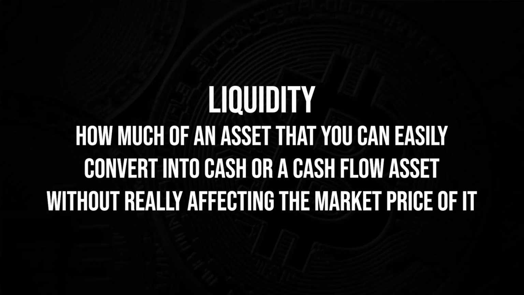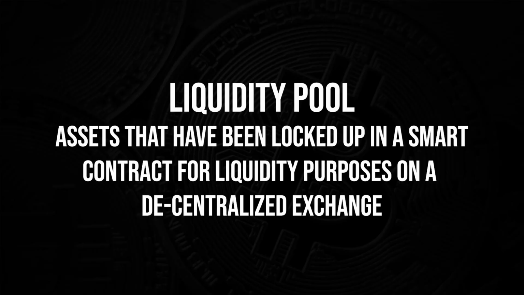First off, liquidity is just how much of an asset you can easily convert into, say, cash or a cash flow asset without really affecting the market price of it. So it's really just how much cash you have on hand, how easily liquid your assets are, how quickly it can flow. Think of it like water. A liquidity pool is assets that have been locked up in a smart contract for liquidity purposes.